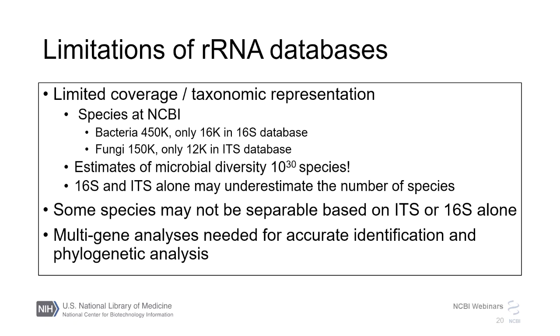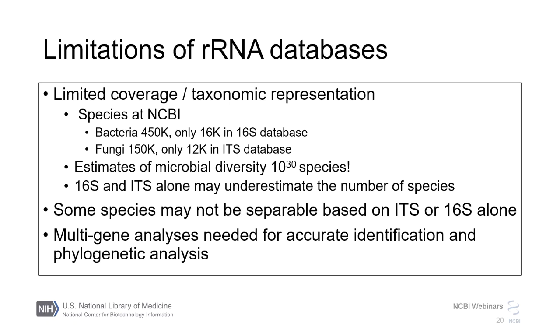So if you just do a quick count of the species-level nodes at NCBI for bacteria and fungi, and again, these are often things that don't have formal names, they're just things that are at the end of the taxonomy classification, there's 450,000 bacteria, 150,000 fungi. For bacteria, we have only 16,000 species in that 16S database. For fungi, there's only 12,000 in the ITS database.